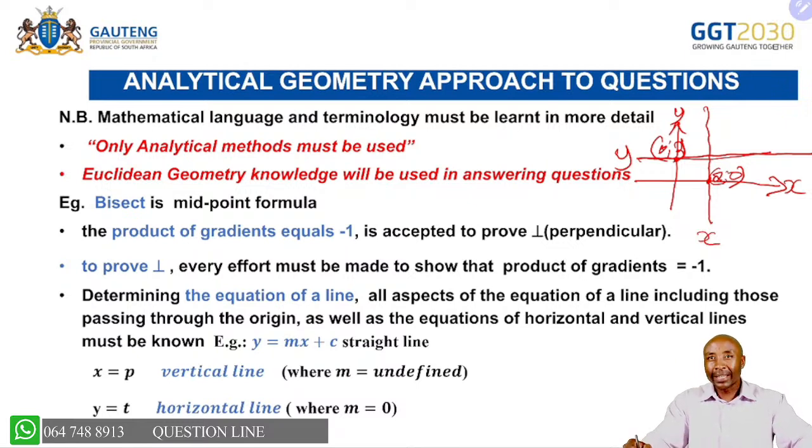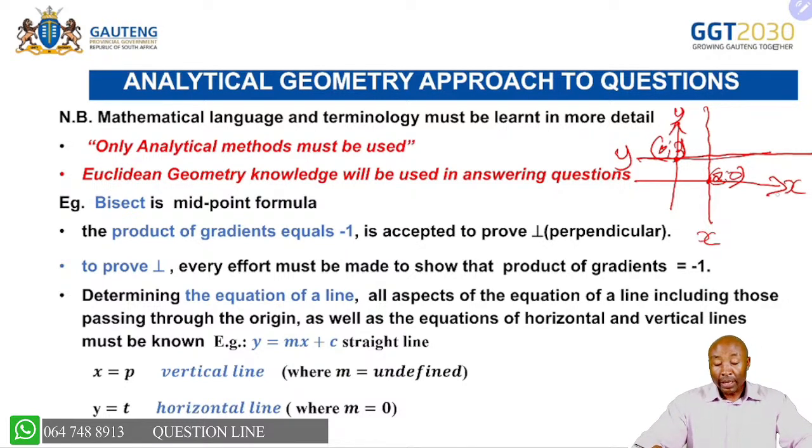It's a horizontal line. We know that for a horizontal line, our gradient is equal to 0. And for a vertical line, we know that our gradient is not defined. So we don't need to show m. It will be given as x equals. You are able to see that for this one, our x-intercept is (2; 0), meaning the equation will be given as x = 2.